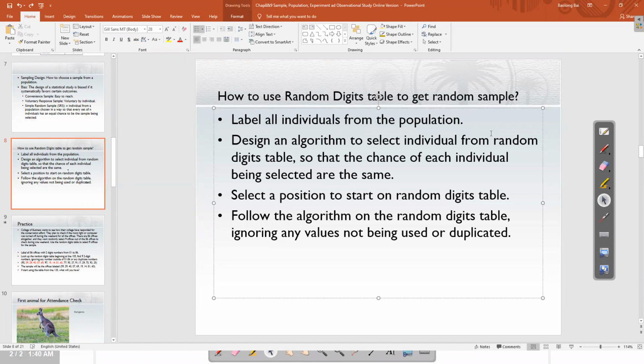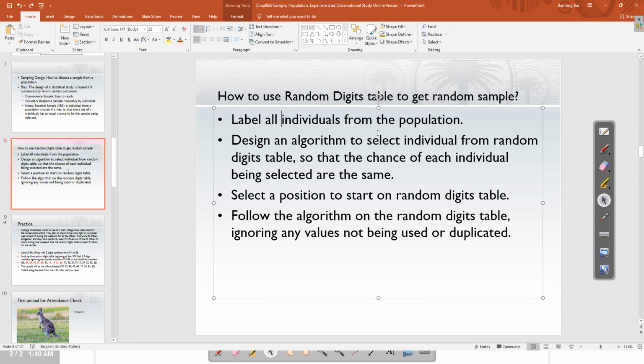For example, if you have 50 individuals and you want to label them from 1 to 50, then instead of using 1, 2, 3, you need 01, 02, 03, because 50 has 2 digits, right? So for 1 to 9, which only have 1 digit, you need a leading 0 there. And likewise, if you have 300 individuals in the population, then the labels will be from 001, 002 up to 300, and so on. Right?